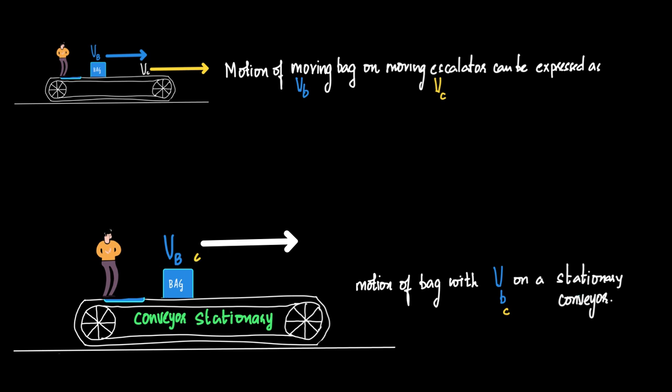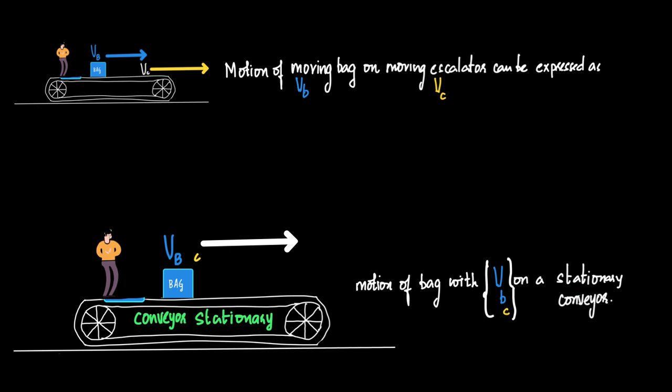I would repeat it one more time. Velocity of bag and velocity of conveyor. So this method has two components of velocity. Now a moving bag and a moving escalator is put as bag with respect to conveyor on a stationary conveyor. So this is the difference. That's why we say relative velocity makes the calculation easier. Why?